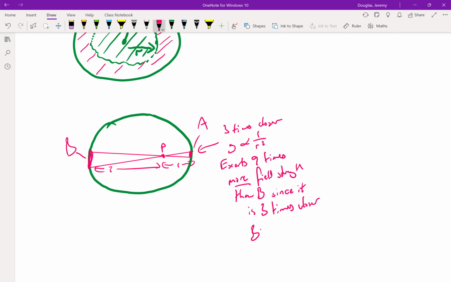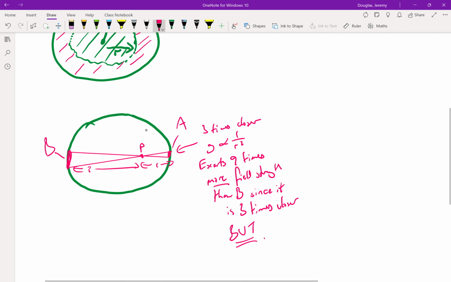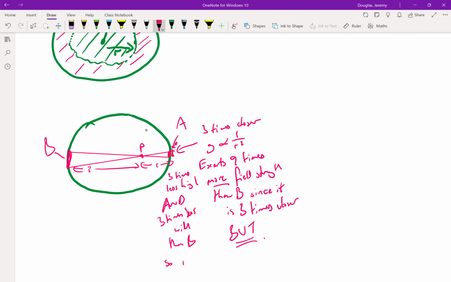But on the other hand, look, because these triangles are similar, that thing there is going to be 3 times less high, and importantly 3 times less wide than B. So it is 9 times less massive.